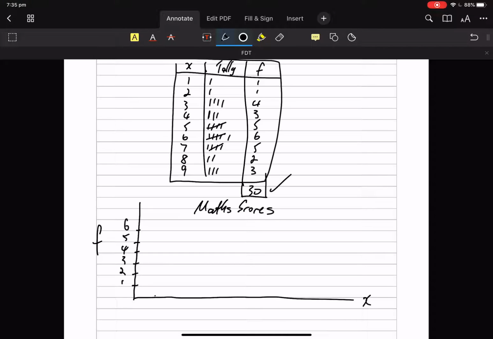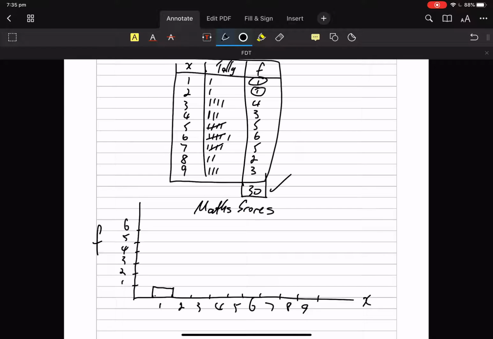So you're going to get a ruler. 1, 2, 3. So that's the number 1. 2, 3, 4, 5, 6, 7. You can see the 1 goes up 1.